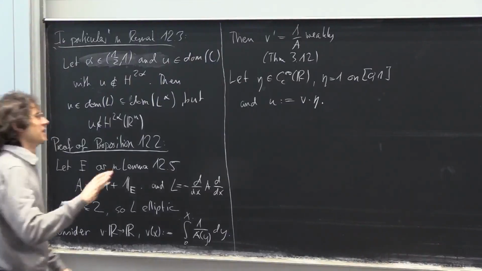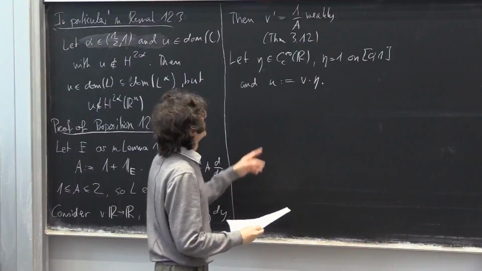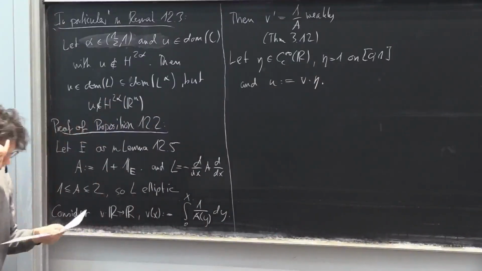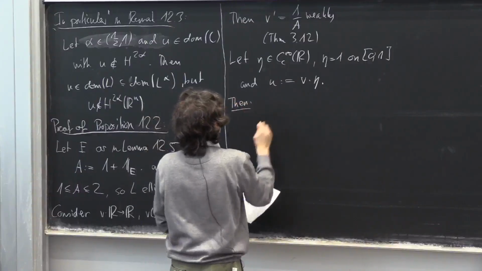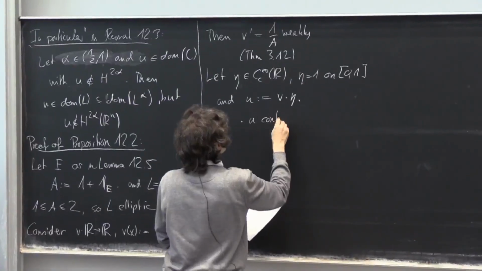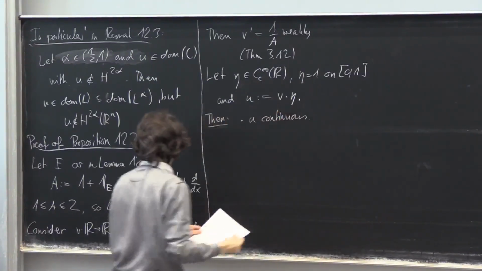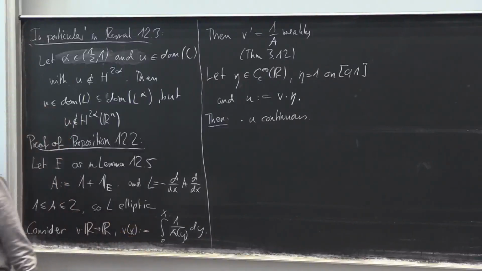We are not interested in what happens outside of 0, 1. On 0, 1 eta is 1, so it doesn't destroy anything. Okay, so let's look at what the properties of this function u are. I claim it's a continuous function. Eta is nice, and v is continuous because v is a primitive of something.